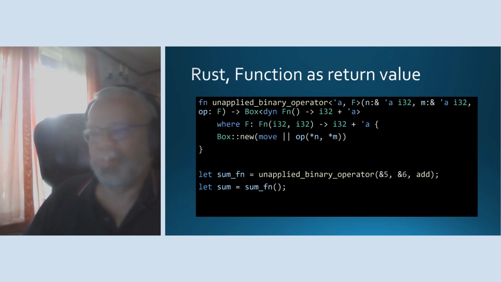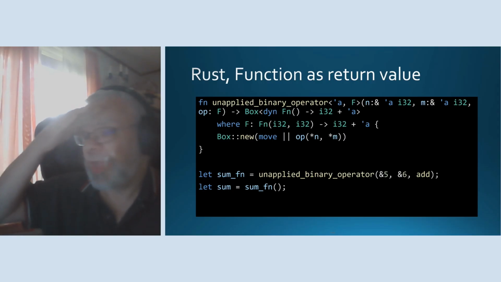If we want to return a function, then it gets a bit complex, because we have to take into consideration who is owning the parameters to the function that we are going to call.